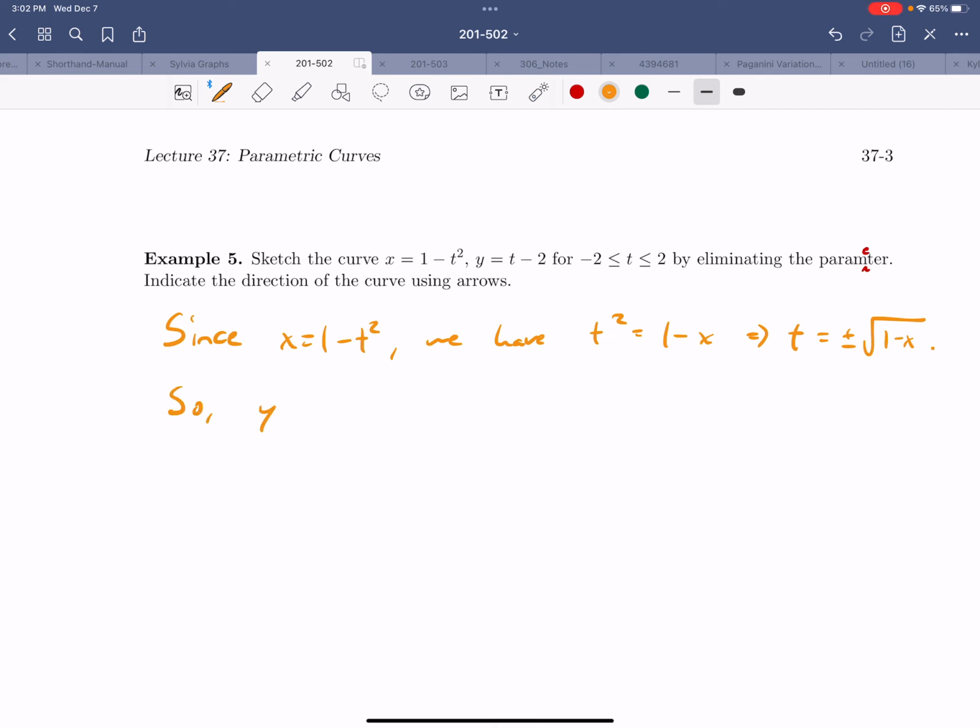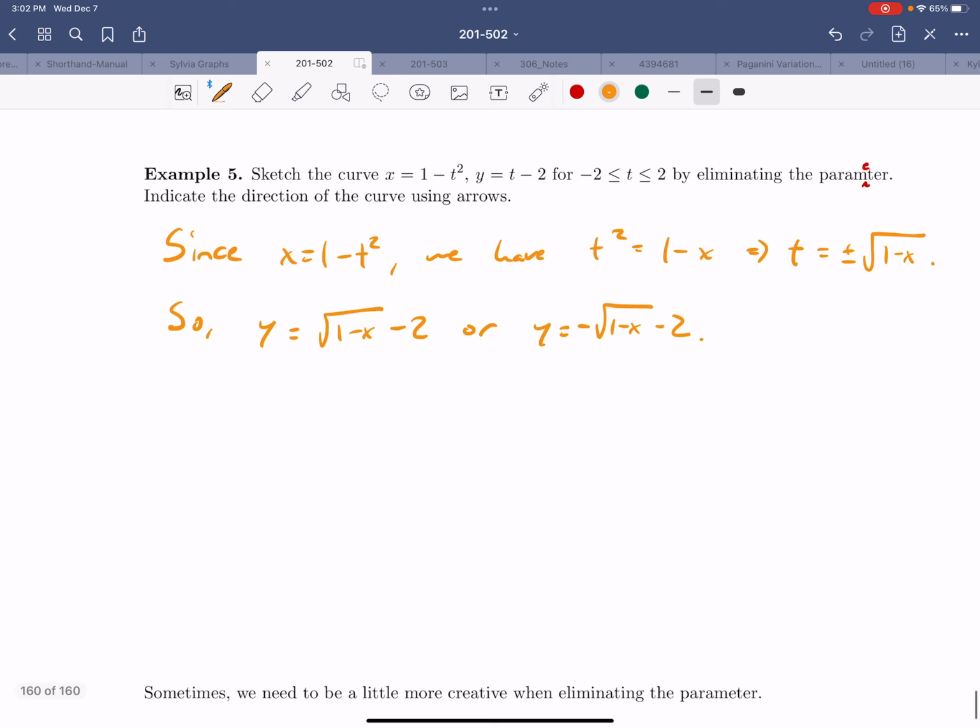So y equals either the square root of 1 minus x, minus 2, or y equals negative square root of 1 minus x, minus 2. So that's a little confusing. It's possible, but it's just a little bit different, right? We actually need to graph both of those.